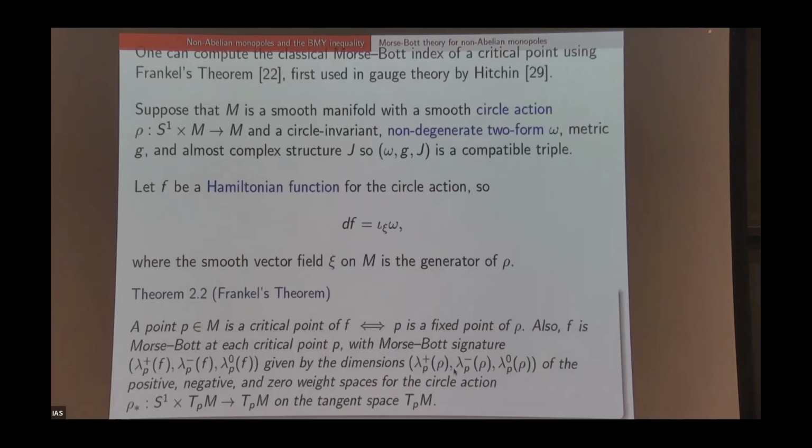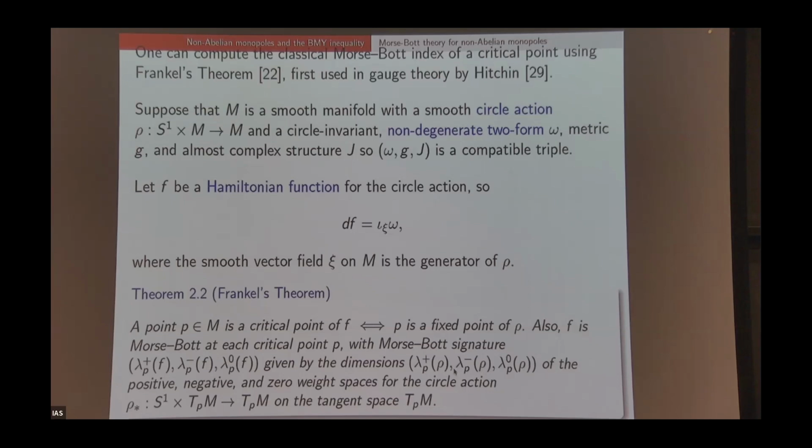So one thing that's worth remembering is how Hitchin computed the Morse index of his critical points. He used a beautiful theorem due to Frankel from 1959 or so. He noticed that his moduli space of monopoles carried a natural circle action, and that his moduli space was also symplectic. In fact, there were three independent symplectic forms, circle invariant.